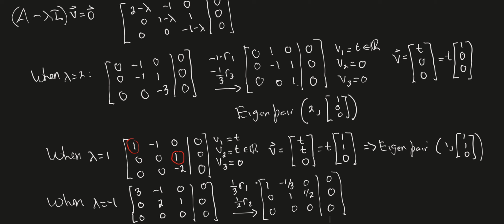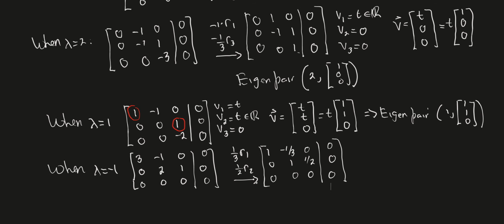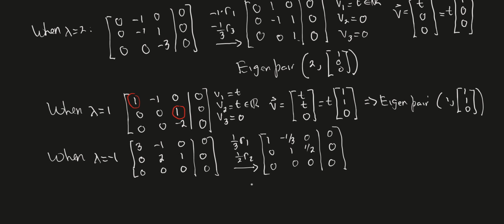Well, if we wanted to see what the RREF looks like, all we would have to do is take 1/3 times row 2 and add it to row 1. That produces our RREF. So we're going to have 1, 0, and that means I'm going to get 1/6 right here, and then 0.